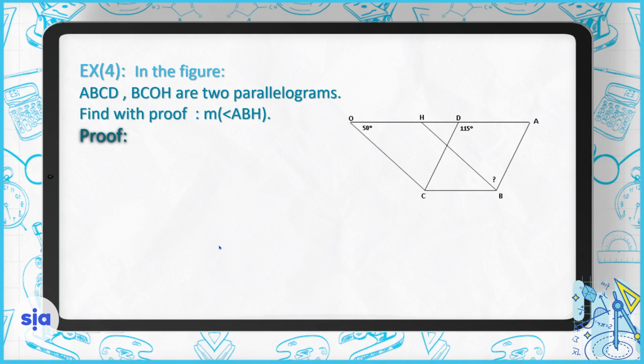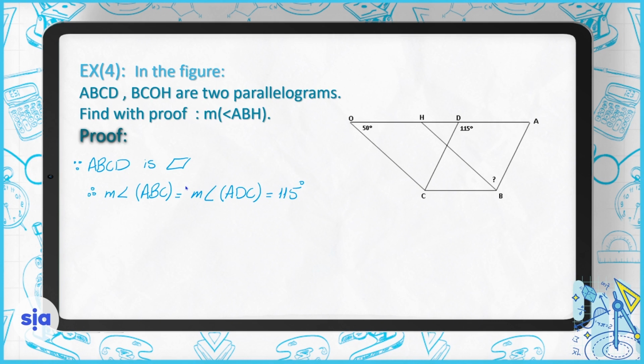Exercise number 4. In the figure, ABCD and BCOH are two parallelograms. Find with proof the measure of angle ABH. Since ABCD is a parallelogram as given, therefore the measure of angle ABC is equal to the measure of angle ADC, which is equal to 115 degrees.